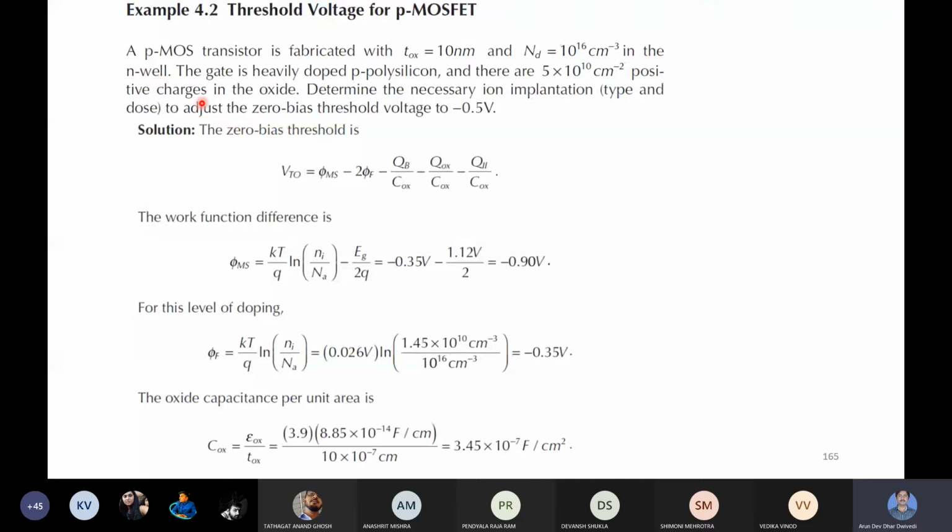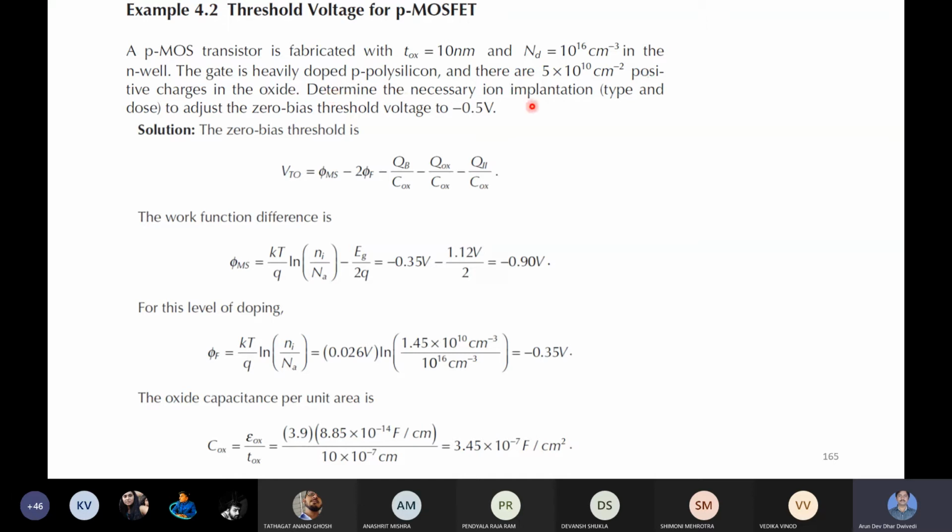So an N well is created in the P type substrate, and the well is N type. So the P type MOSFET is fabricated in the N well, whose doping concentration is ND equal to 10 power 16. The gate is heavily doped P type silicon, and there are 5 into 10 power 10 per centimeter square positive charges in the oxide. Oxide charge density is given.